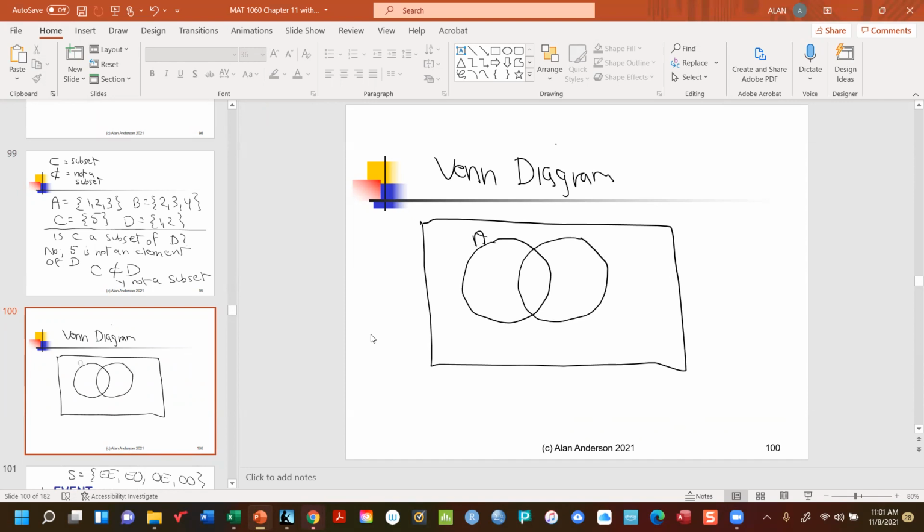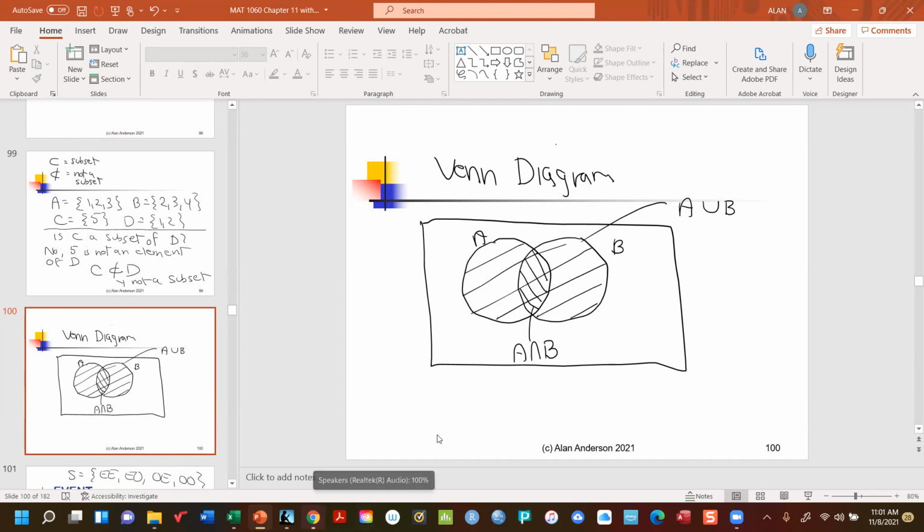So imagine this is A and this is B. What I'd like to do is show you that the union of A and B is this shaded region. Because every element in A and B is combined into a single new set. At the same time, though, the overlapping between them is called the intersection.